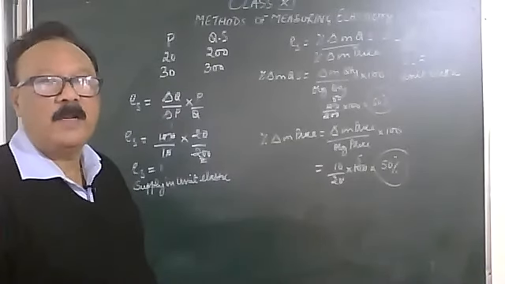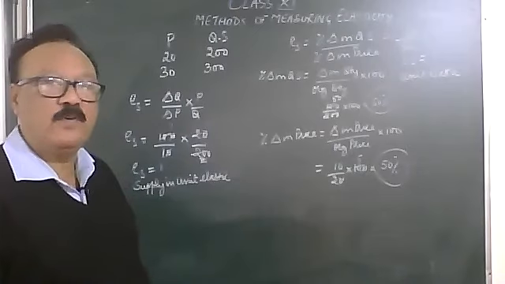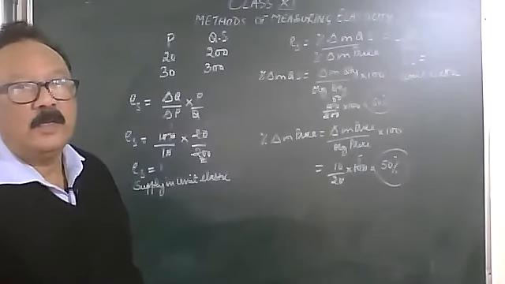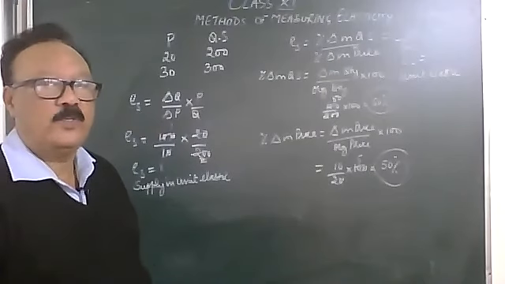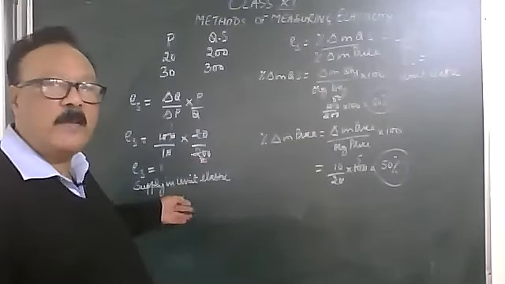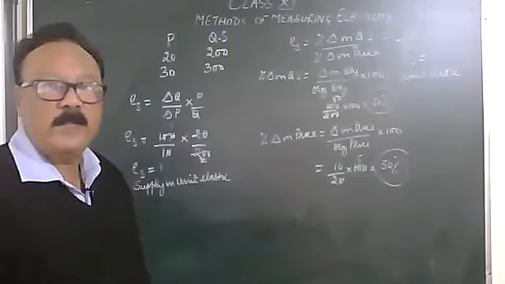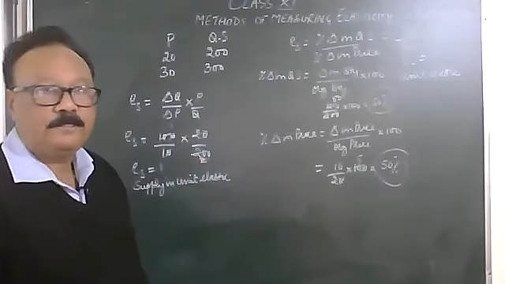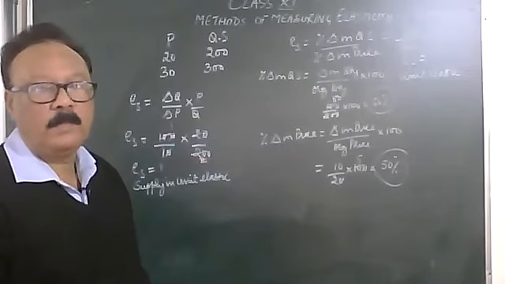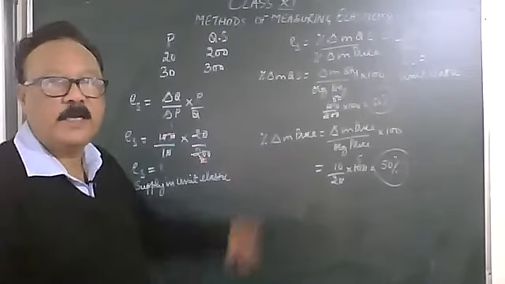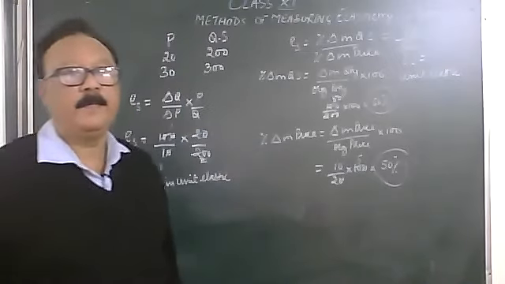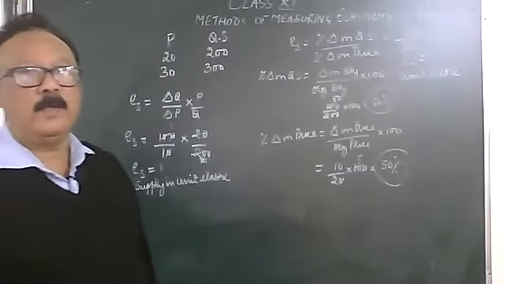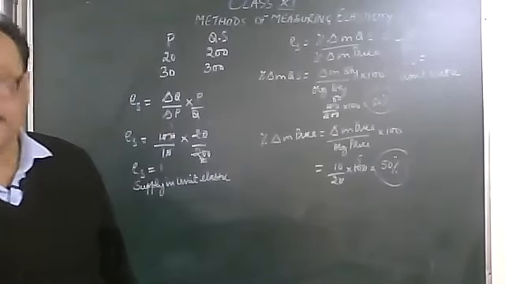But remember, unless and until you are asked for a particular method, you have an option of either the proportionate method or percentage. Is it done? Okay. Thank you. Let's go on.